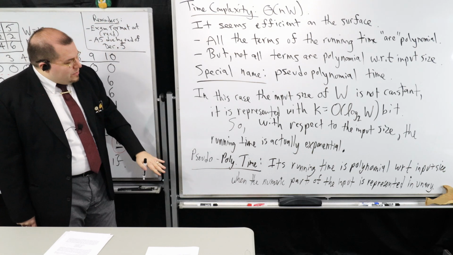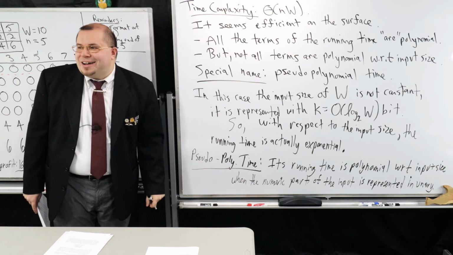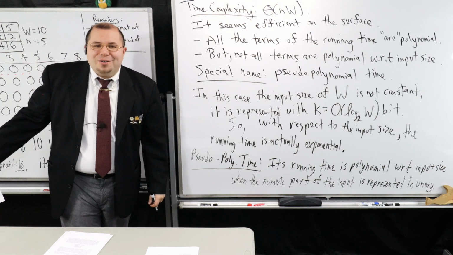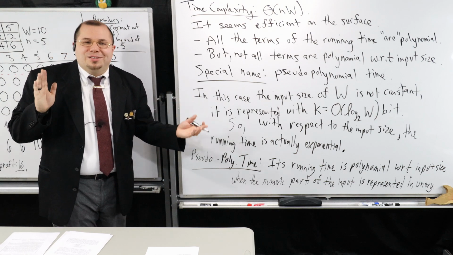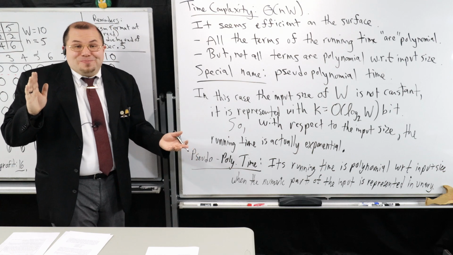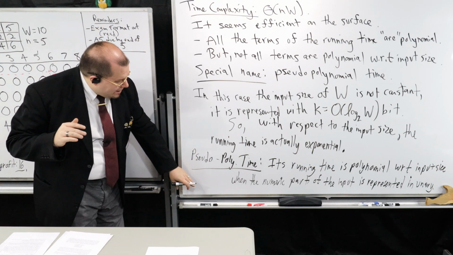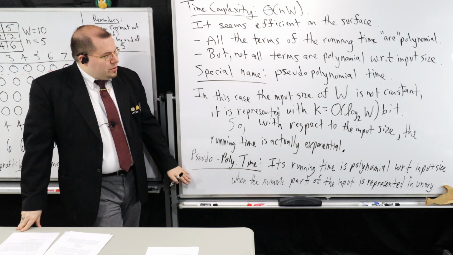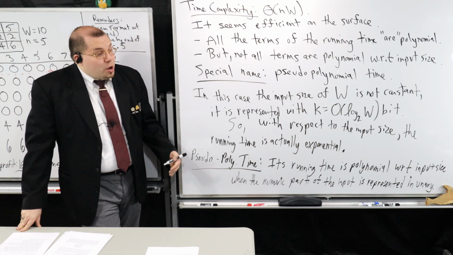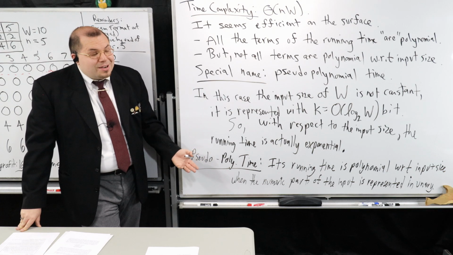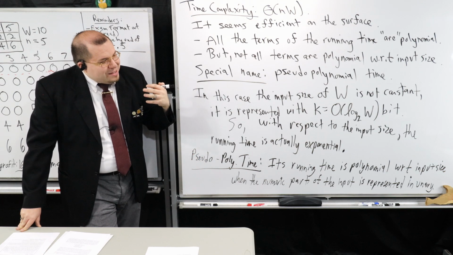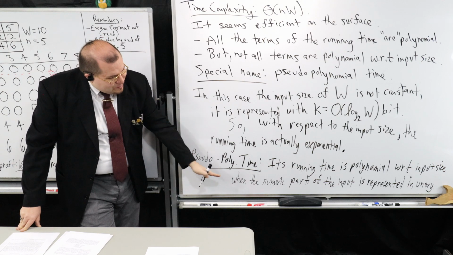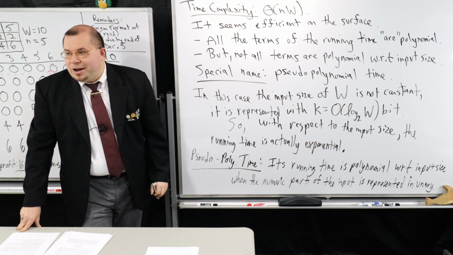You might say, Dan, that seems kind of unreasonable, because now your ticks are allowed to be exponentially long. That's what's wrong with using an encoding like unary. So some people will define pseudopolynomial as running polynomial with respect to the input size within the context of where you could encode the input in unary like this.